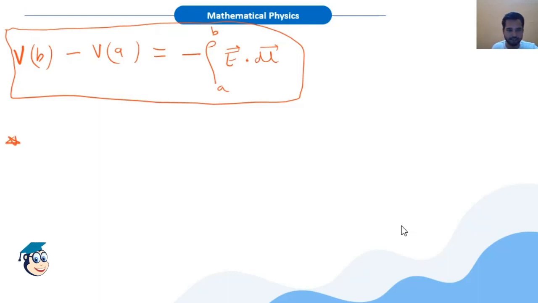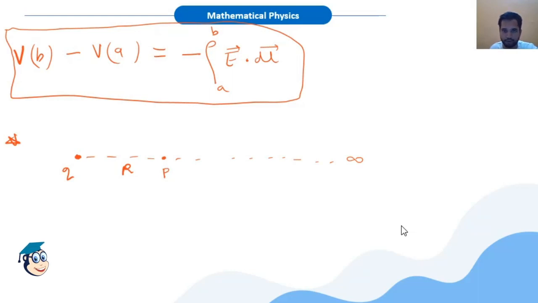That example says we have a point charge q at some point, and a distance r away we have a point P, and we are supposed to calculate the potential due to that point charge q at point P, with infinity, very far away, as reference.